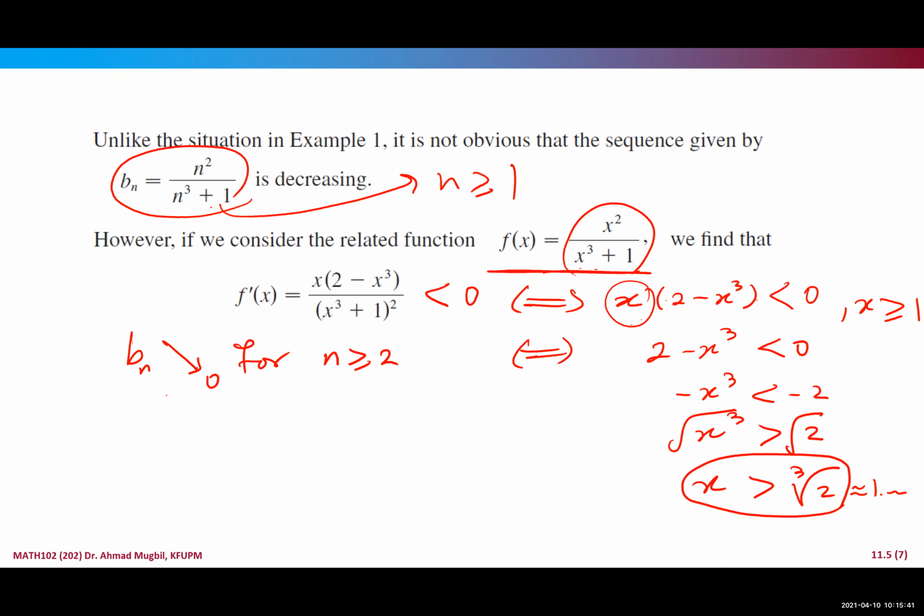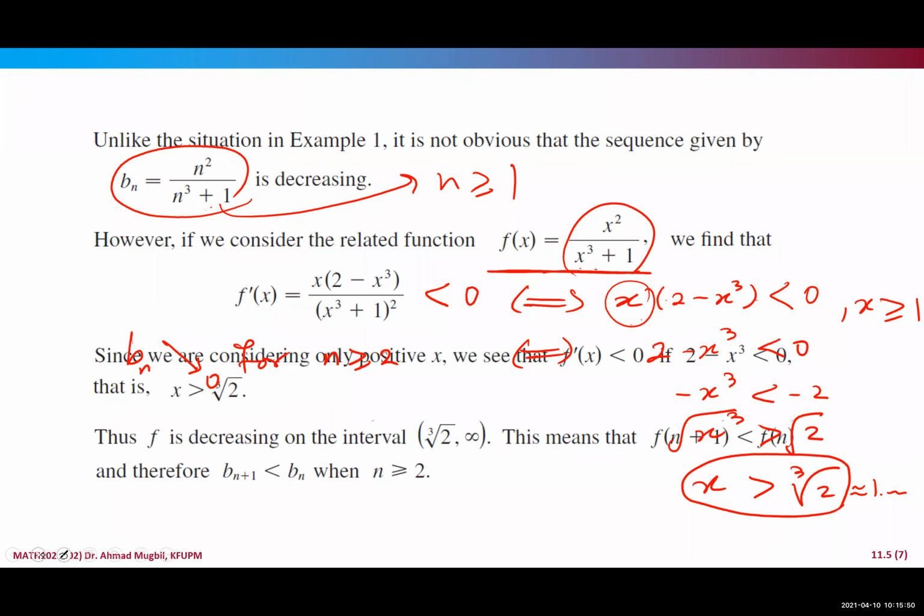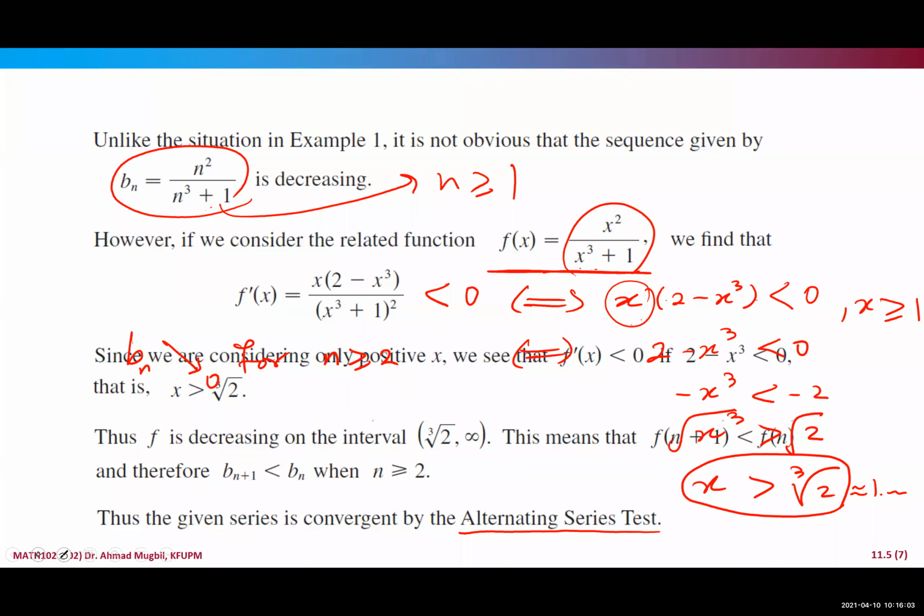So now we show that it is decreasing towards 0 as n goes to infinity. According to that, it satisfies both conditions of the alternating series test. So by the AST, the alternating series test, it is convergent.